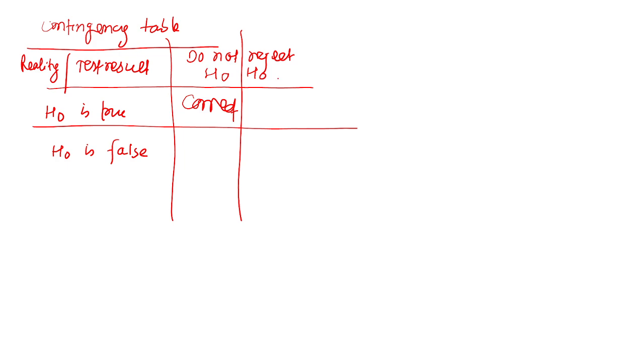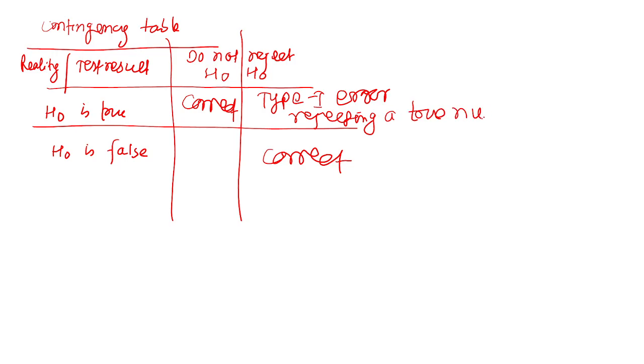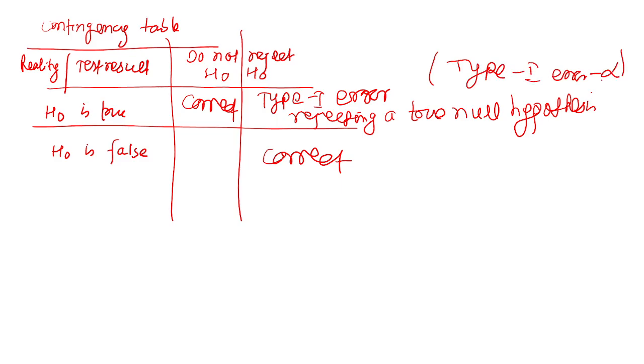And if H naught is false and we reject the null hypothesis, that is also correct. But if in the test we rejected the null hypothesis, while in the actual case the null hypothesis was true, it means a type 1 error happened. It is rejecting a true null hypothesis. So that is type 1 error, alpha.